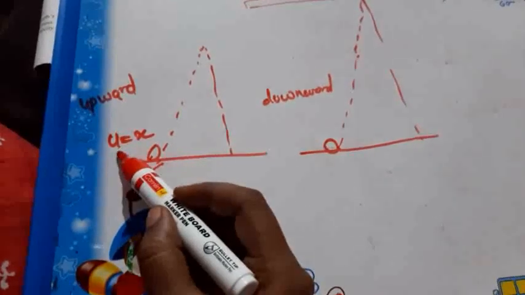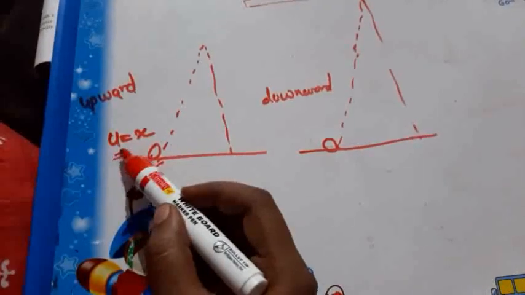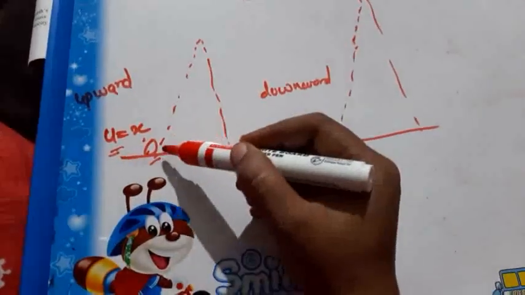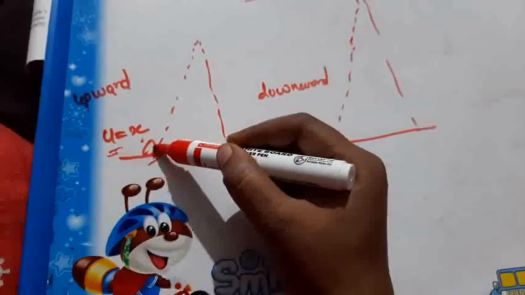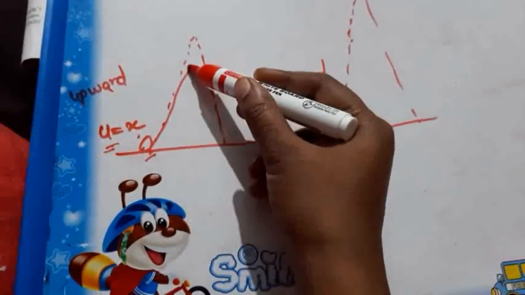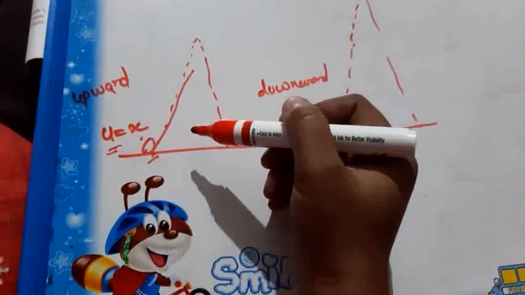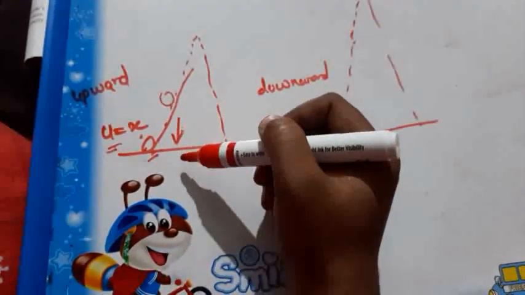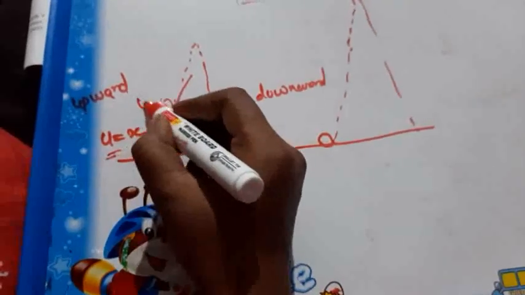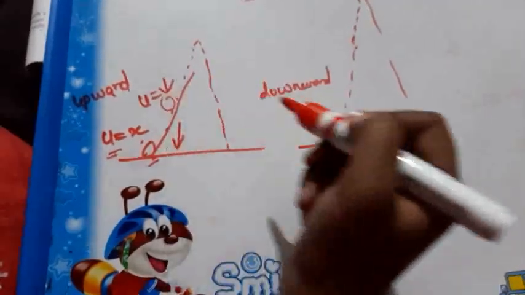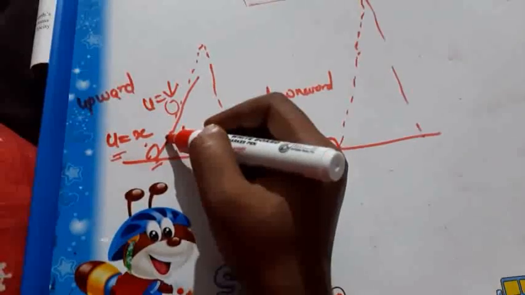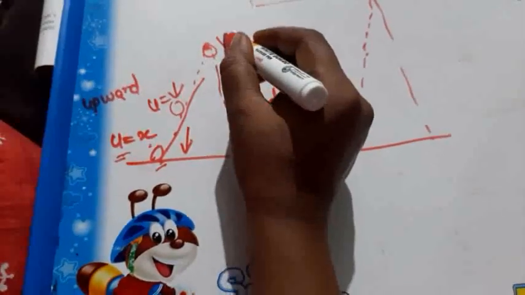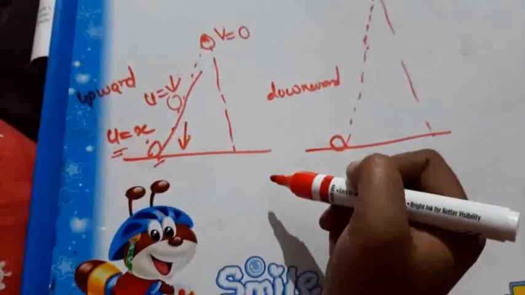So for this ball, the initial velocity will be x, any value. When that ball starts to go up in the sky, what will happen? The gravity will try to pull it downward. Due to that, its velocity starts to decrease. And when it reaches a particular height, the velocity becomes 0.